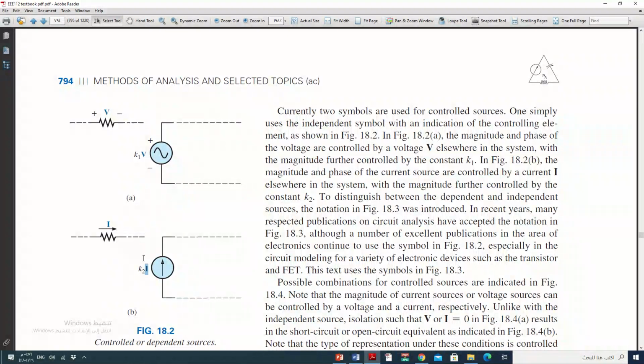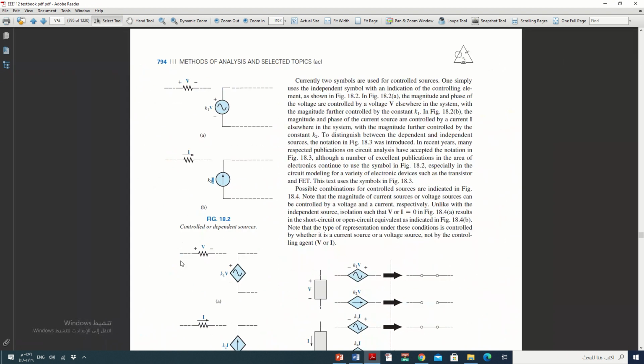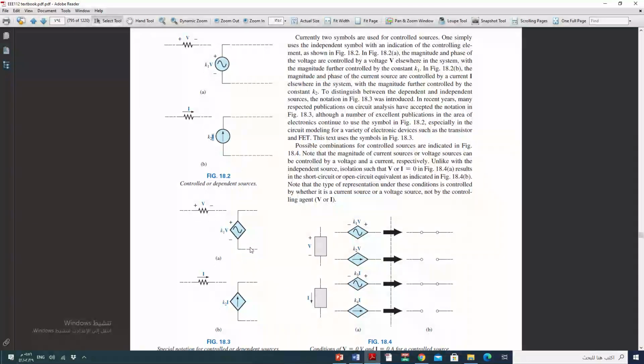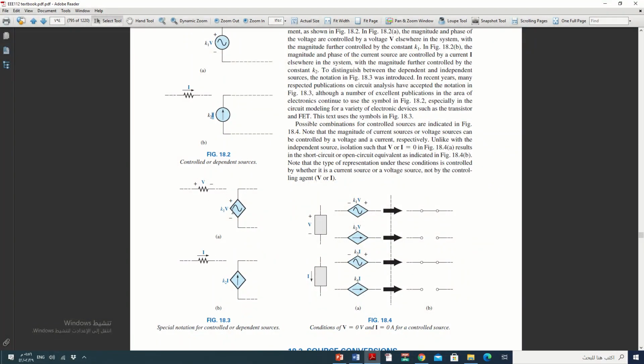But nowadays, many books use another, new symbol for showing that this voltage or current is a dependent source, which is this symbol. This one for voltage means dependent voltage source, and this is a dependent current source.